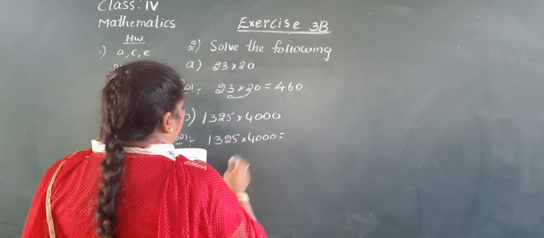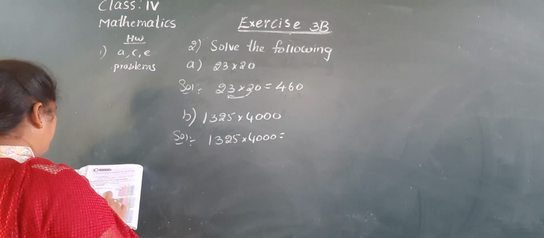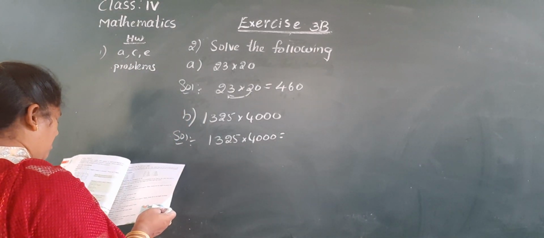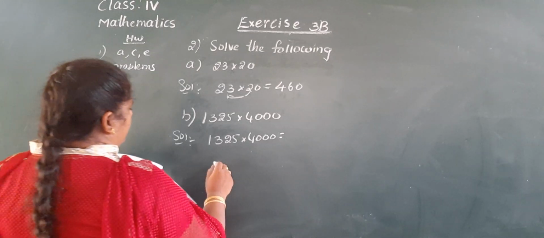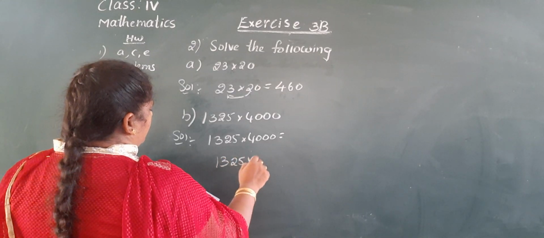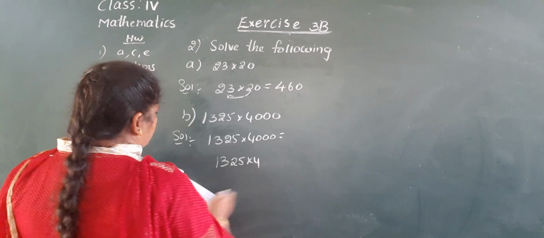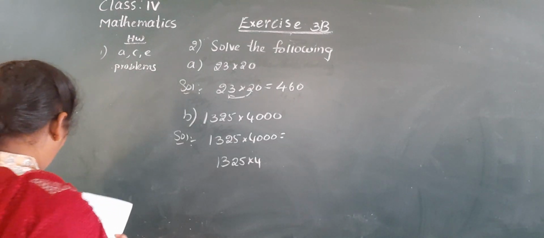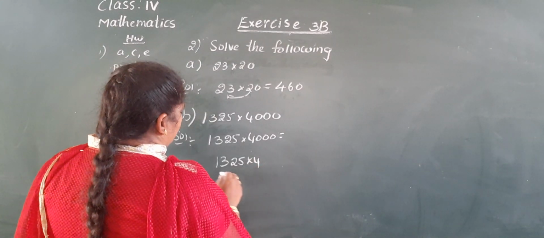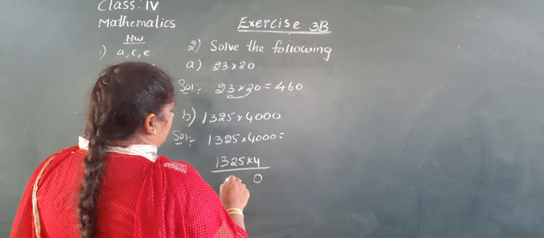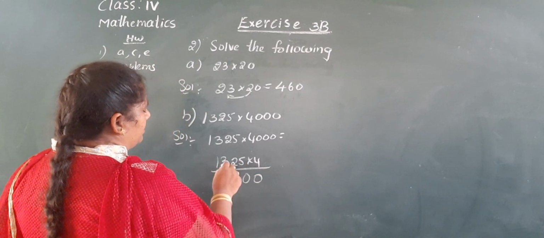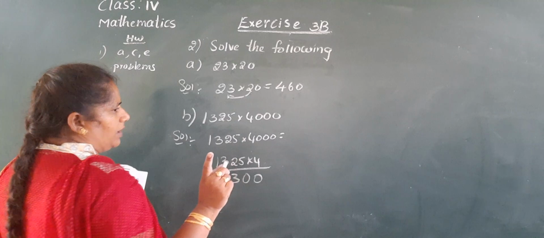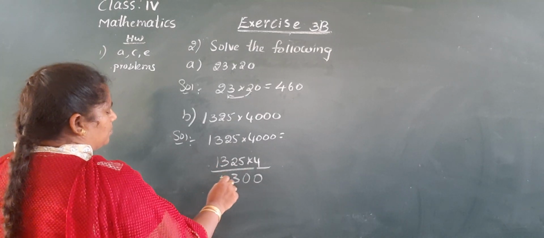So first we multiply the given numbers. 1325 into 4. Okay, ma? See here. 4 5s are 20. 4 2s are 8 plus 2, 10. 4 3s are 12 plus 1, 13. 1 in hand, 3 is down. 4 1s are 4 plus 1, 5.